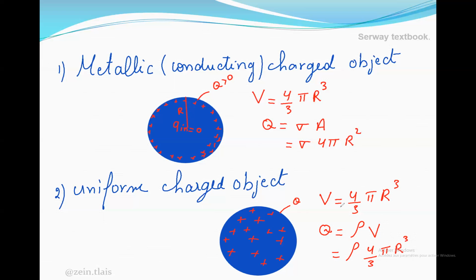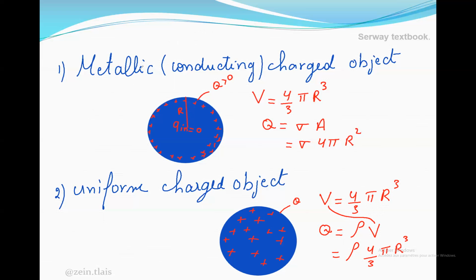So the volume of the sphere equals the volume of the charges; the charges are distributed on all the volume. Okay, and here we can distinguish between these two objects, the metallic and the uniform charged object.